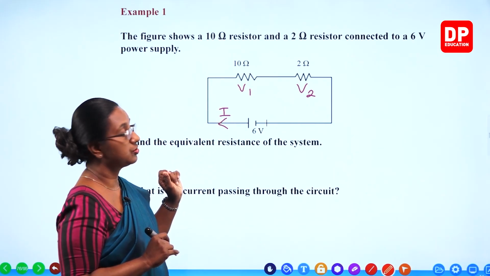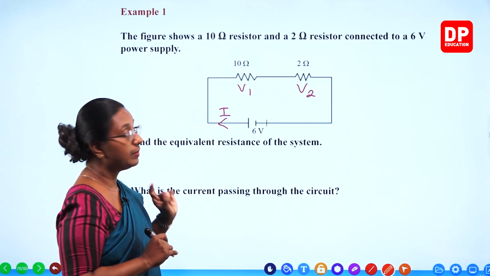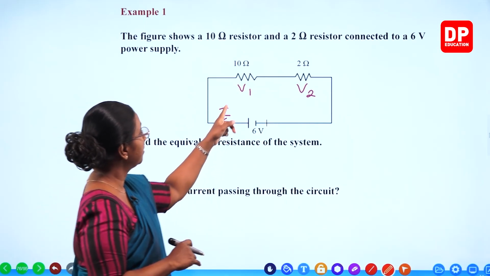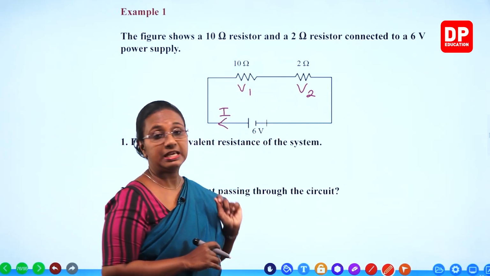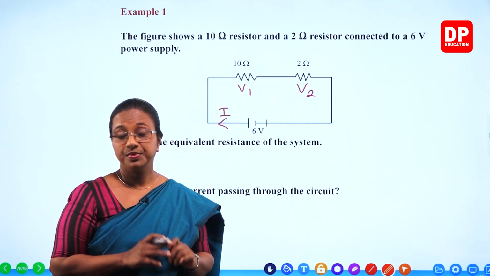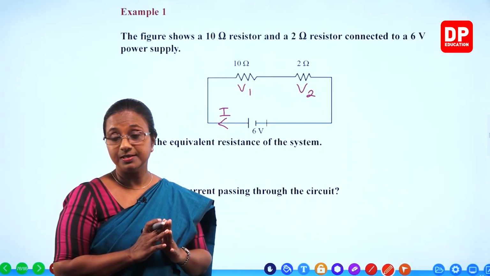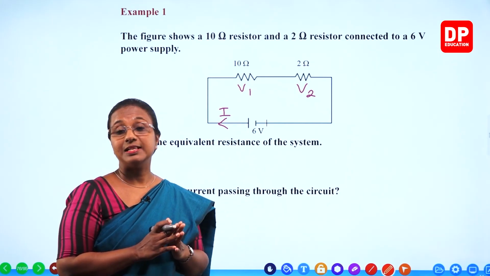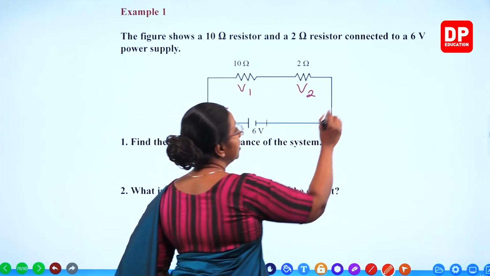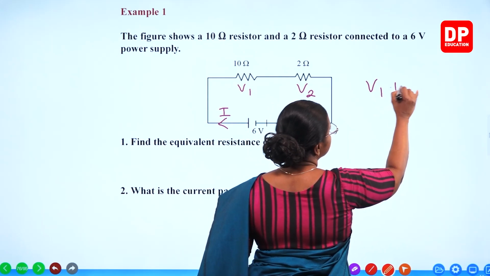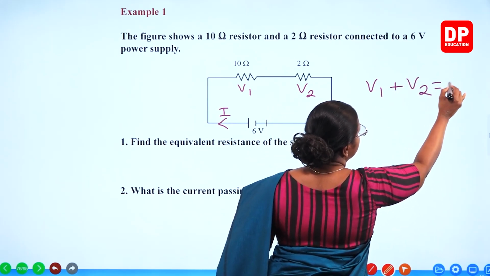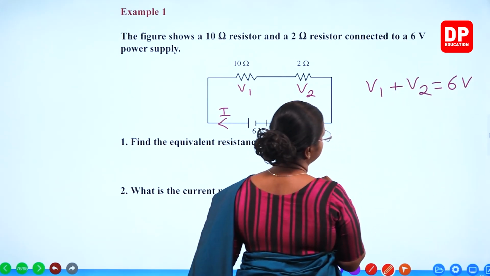Potential difference across the 2 ohm resistor is V2. But the sum of V1 and V2 will be equal to 6 volts. That you have to remember. That also we saw in the previous examples where I explained this clearly to you. So V1 plus V2 will be equal to 6 volts.